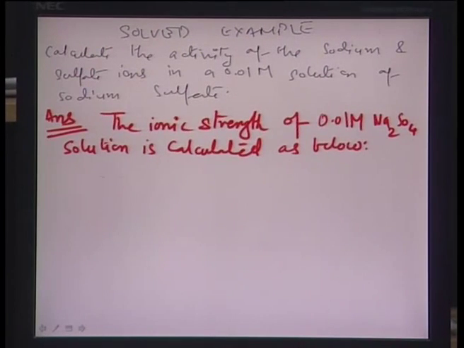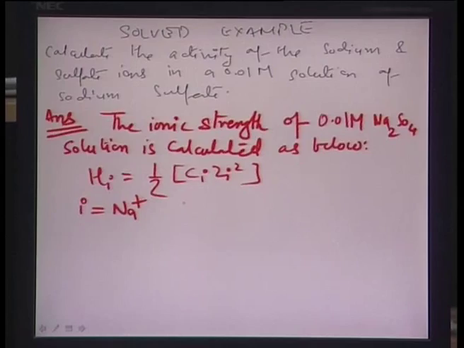Okay. You have half times the sum of CiZi square, right. How many i's are there? There is a Na plus and there is a SO4 minus 2. So, there are 2 i's.